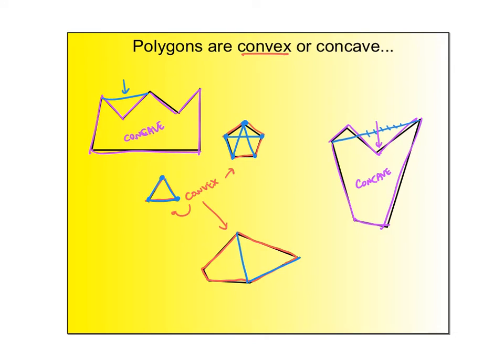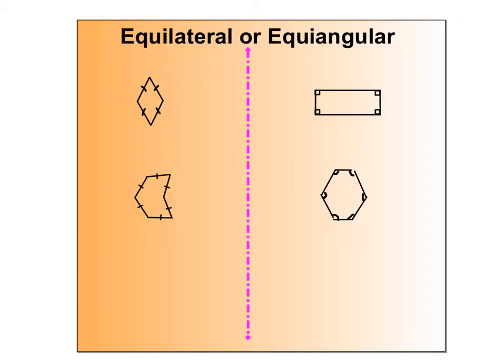Let's look at a few more attributes of polygons. Polygons can be equilateral, meaning sides the same length, or you could say that all sides are congruent. Or equiangular, angles the same measure.